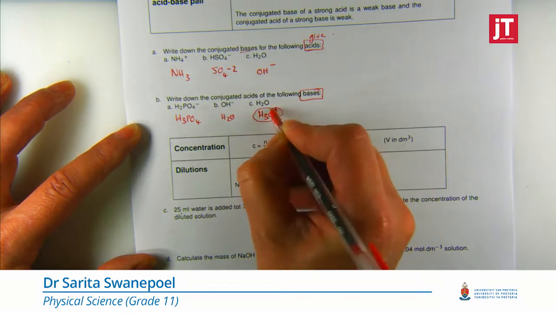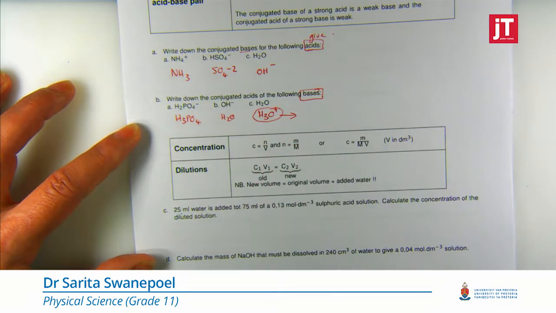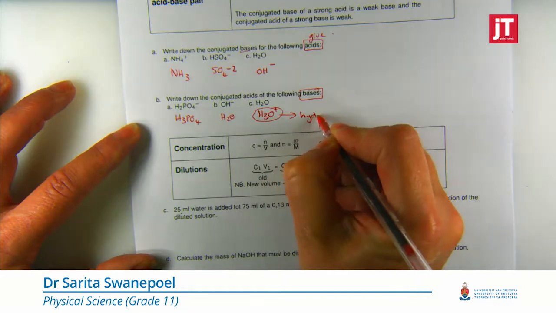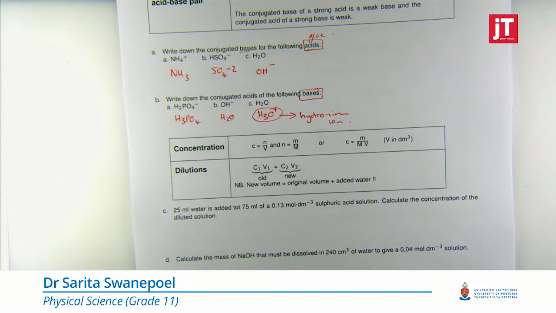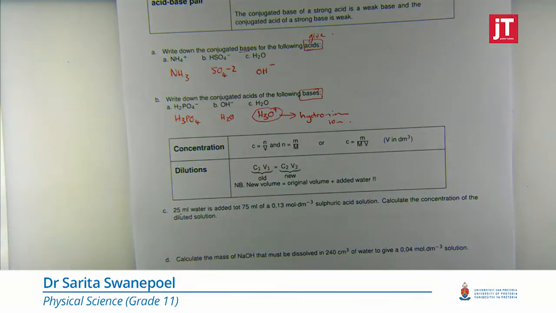And that one is special. It's got a name. What's the name of that one? Hydronium ion. That's very important, because if there's a hydronium ion in the solution, then the solution is acidic. And actually, you are adapted to identify hydronium ions. Which part of you is made to identify hydronium ions?